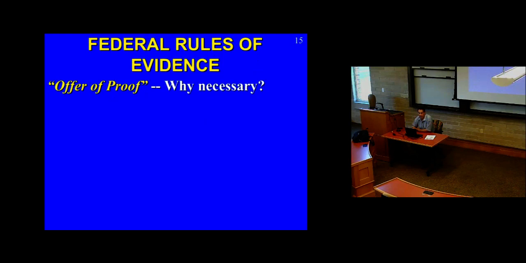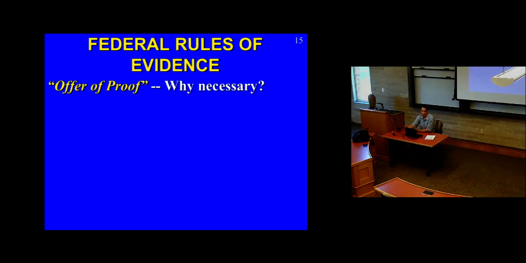Also, under Rule 103, you often have to do an offer of proof. An offer of proof is given whenever an objection is sustained. If the objection is sustained, then that evidence is not going to make it into the transcript, or it's not going to be heard. Now, if you want to save the issue for appeal, you may want to make an offer of proof to say, well, Judge, I know that you are sustaining the objection, and so you are saying that we can't hear the evidence.